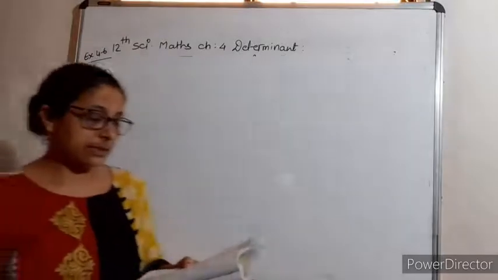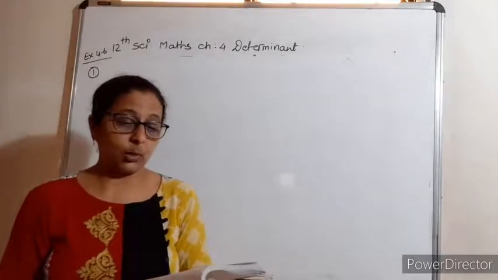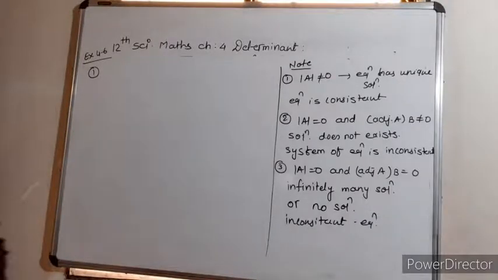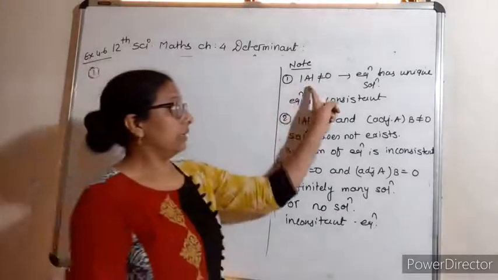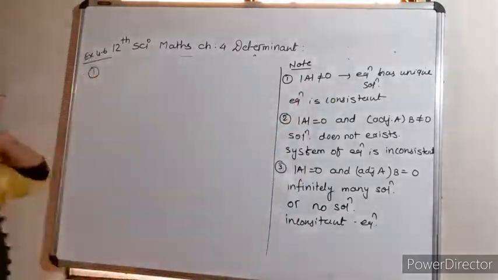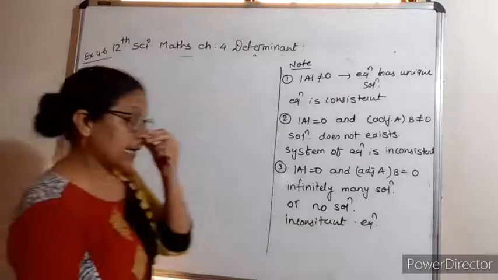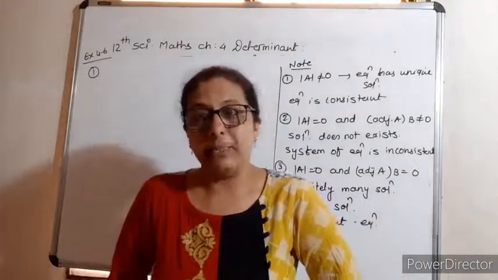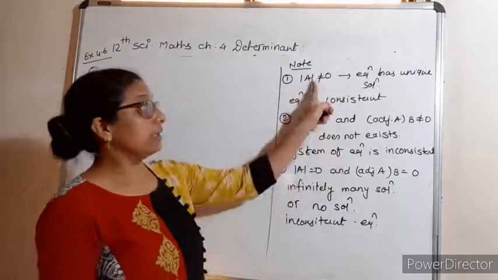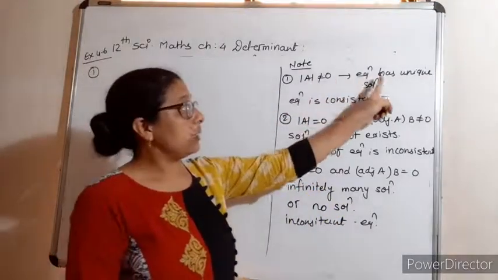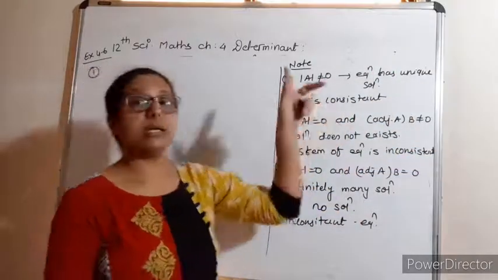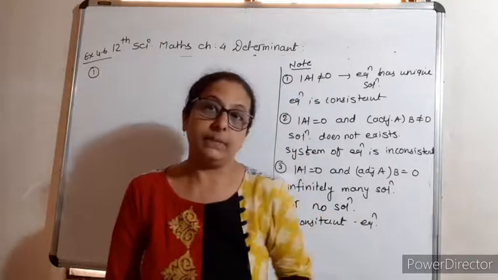Examine the consistency of the system of equations. Here, you know what is a consistent equation? Note that whenever determinant of A is not equal to 0, only then you can find A inverse, and then with A inverse B we can find X. So whenever determinant is not 0, the equation has a unique solution and therefore the equation is a consistent equation.